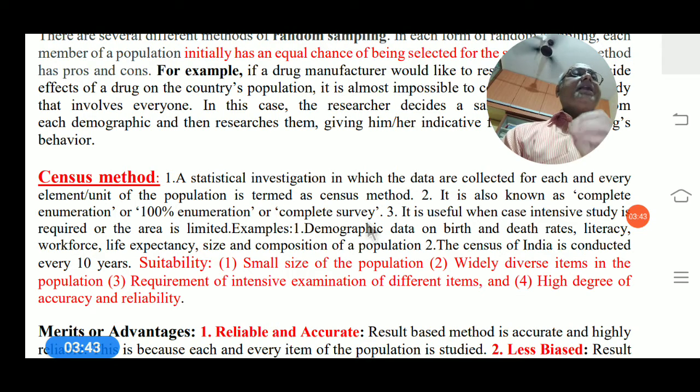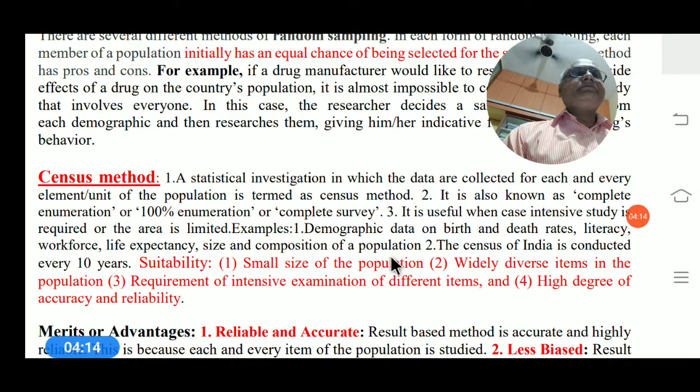One sample has to give all the characteristics of the whole population, so it gives a complete survey. It is useful when intensive study is required or the area is limited. For example, demographic data on birth and death rates, literacy, work force, life expectancy, size and composition of the population, and other characters are all included here.